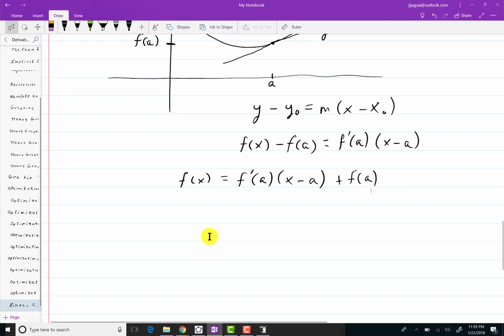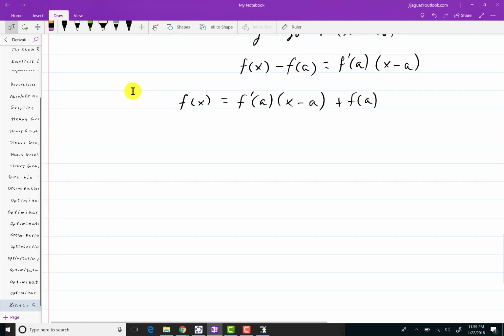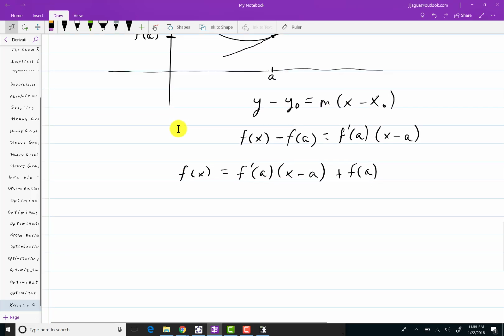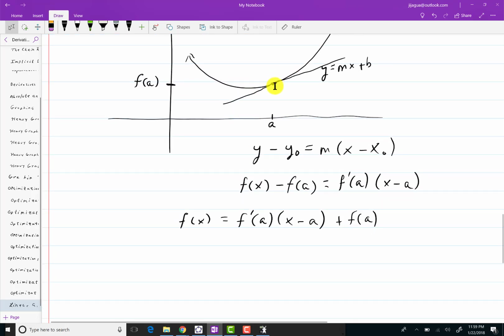In fact, most books actually give this thing a name itself. And realistically, when x strays anywhere away from a, this here is the equation of this line. Okay.